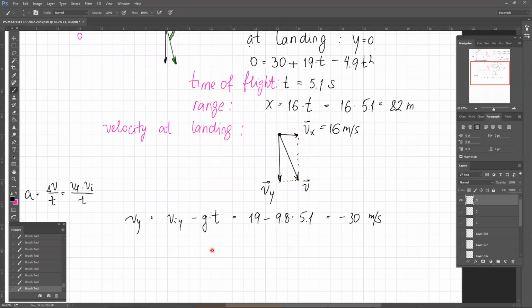Why? Because when we calculate the actual v, we will be doing squares as per Pythagorean theorem. I apologize, I don't need to put the little initial, just Vx and Vy, and the square root out of that.